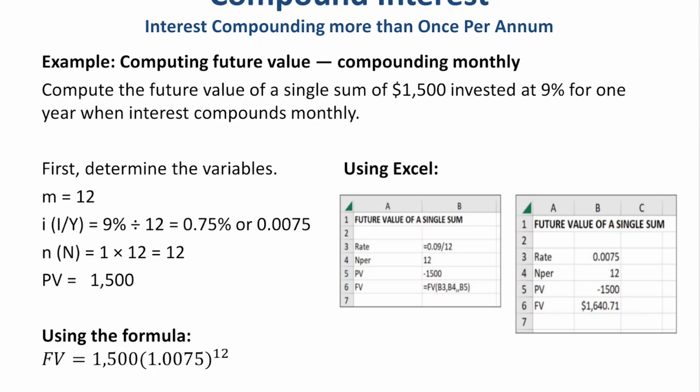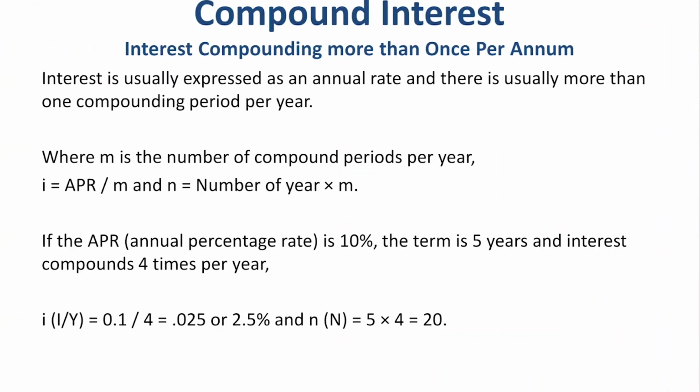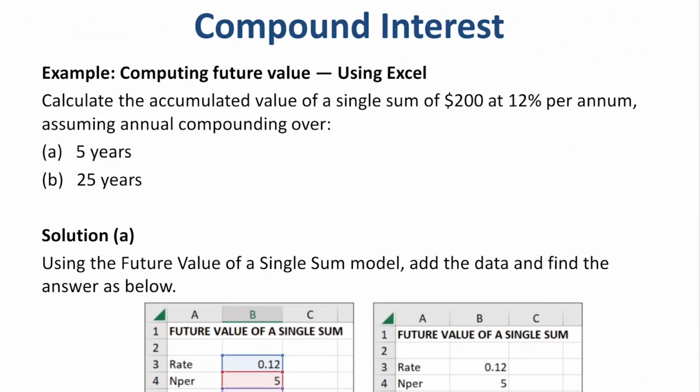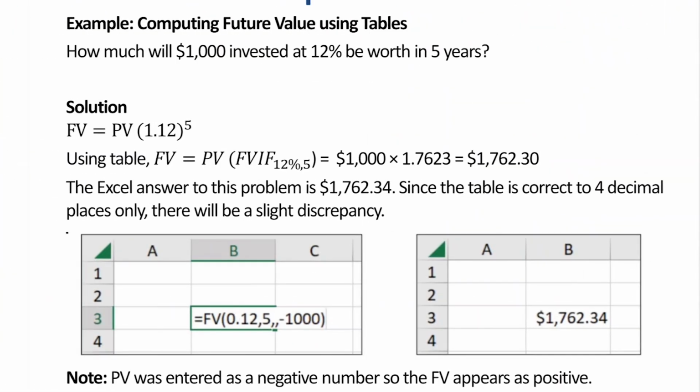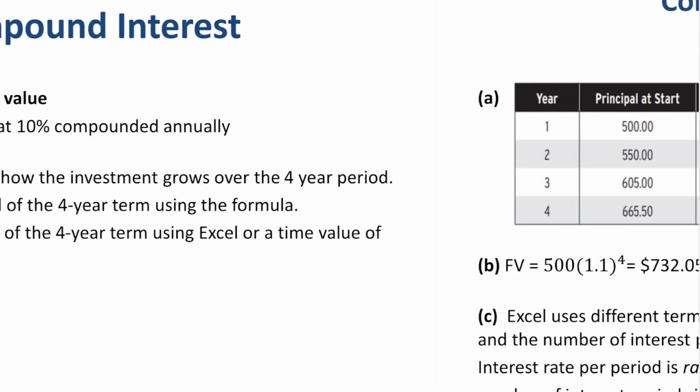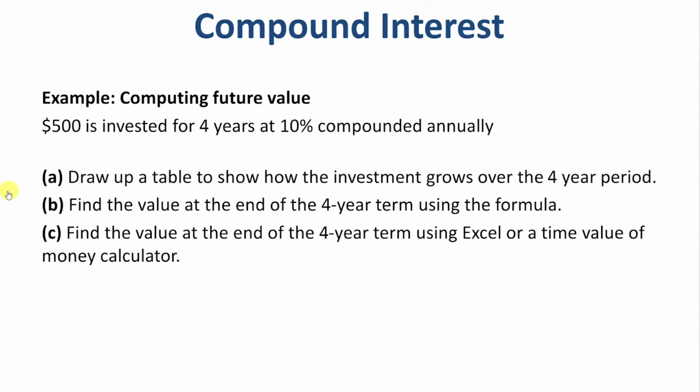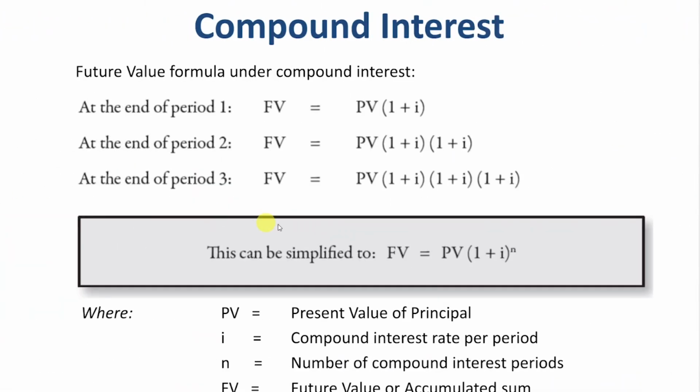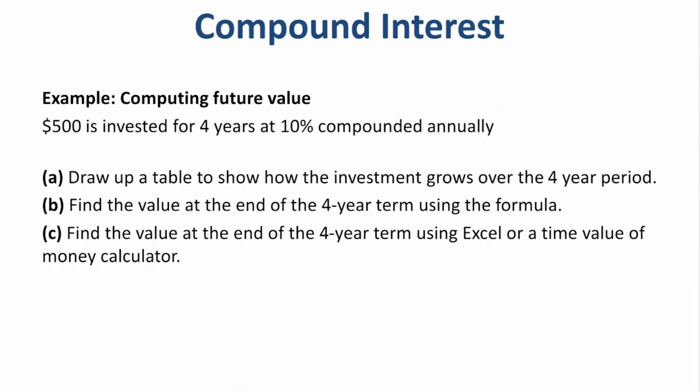Okay. Now go back to the formula here. Does it make sense to you? We just have to go back to the formula here: the future value is your present value times 1 plus the interest rate to the power of the number of periods.